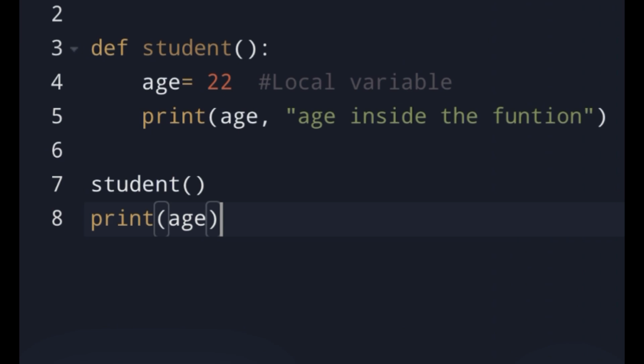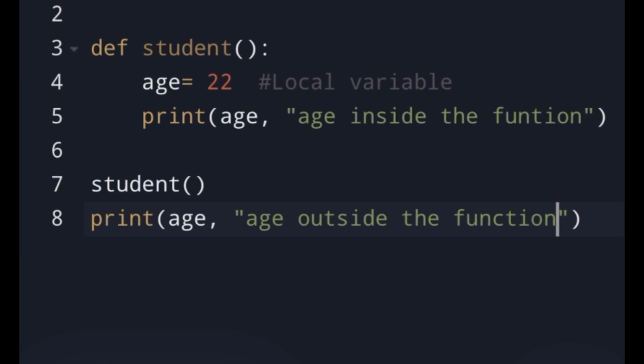So here in the comment I have given age, and in the string I will print age outside the function.